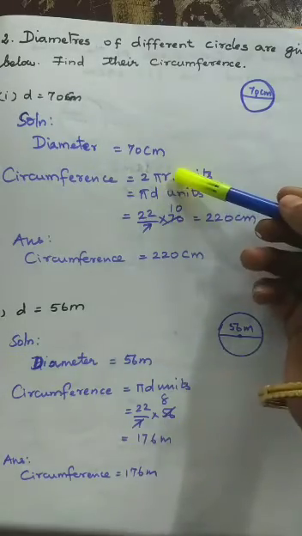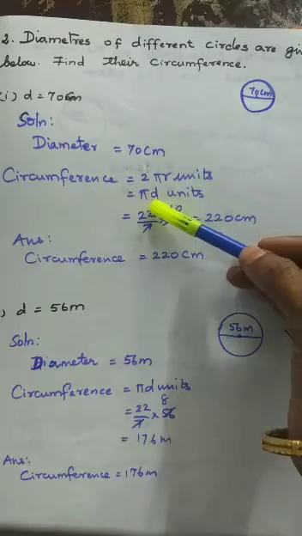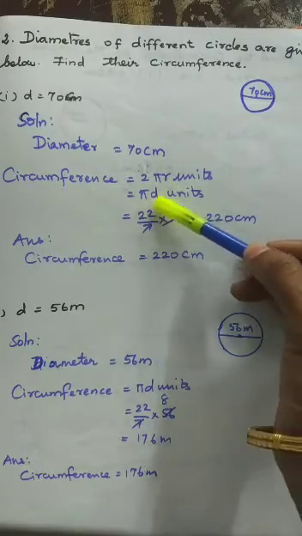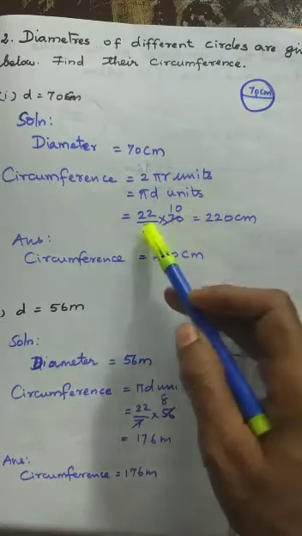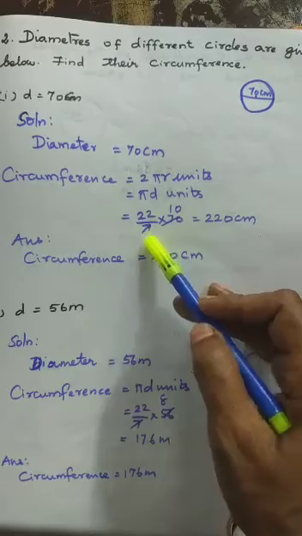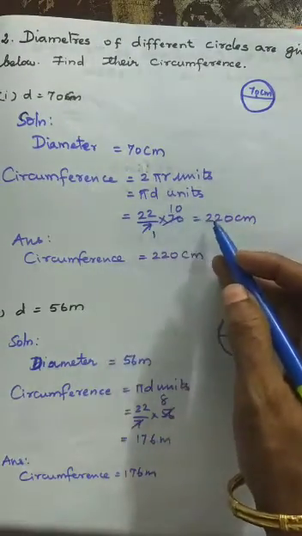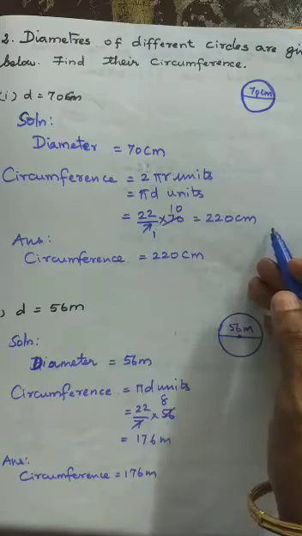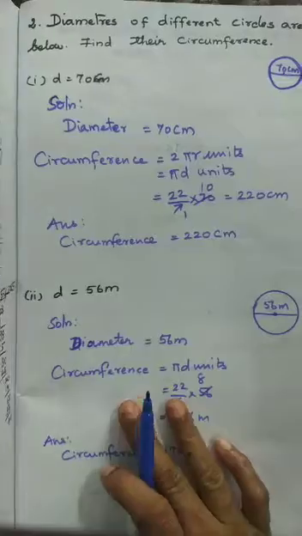Which one you can use here? Because they are given the diameter. So we can use pi D here. So 22 by 7 into 70. 7 and 70 gets cancelled and 10 times. Here 1 times, isn't it? 22 into 10 is 220 centimeter. So the circumference is equal to 220 centimeter.